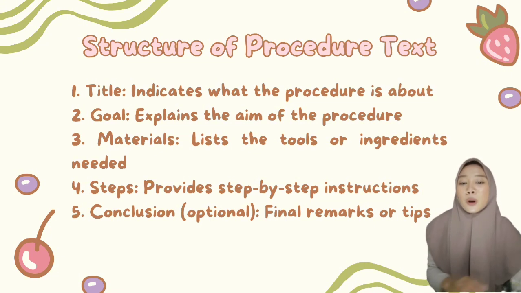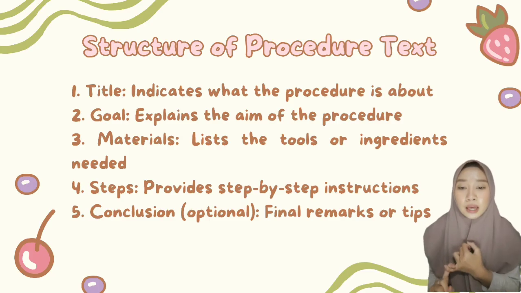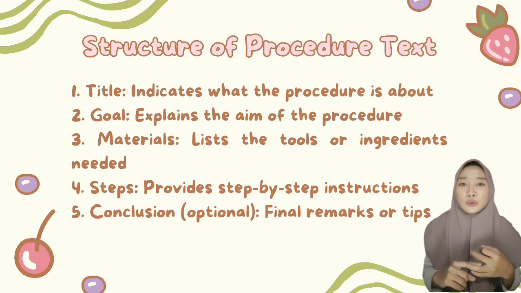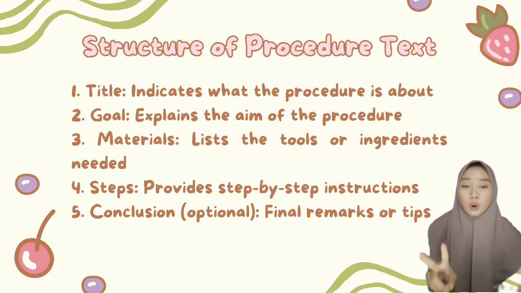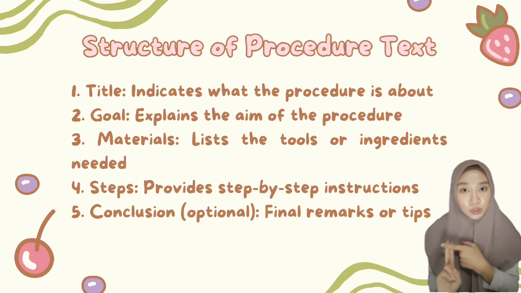Okay, a procedure text usually follows a simple structure. It starts with a title, which clearly states what the procedure is about, like how to make a cup of tea, how to wash your hands. And then it has a goal, which explains what we are trying to achieve.